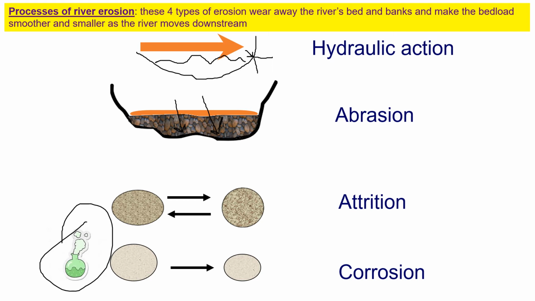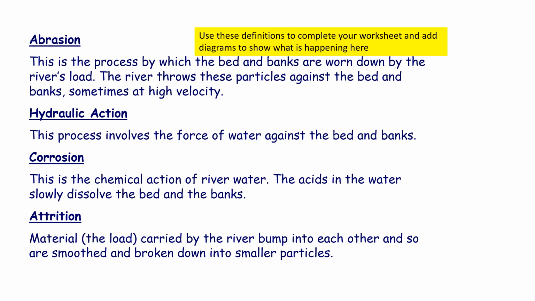So it's literally natural acidic water. Water's got natural acids in it, and that's wearing the rocks away there. So obviously these are definitions here, and you can feel free to copy those down. Now what I'd like you to do is copy these down, and then you could add little diagrams like I've done on the last slide there.